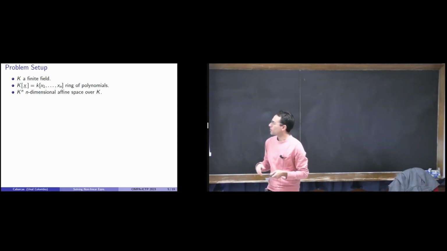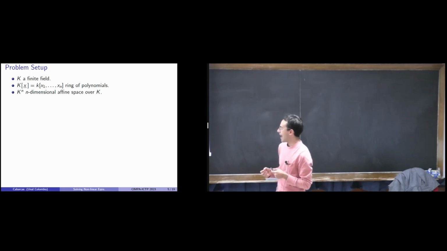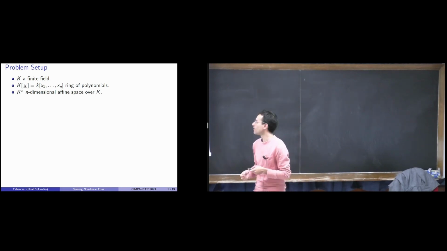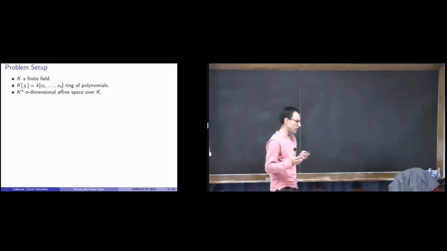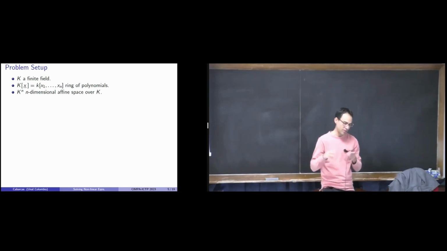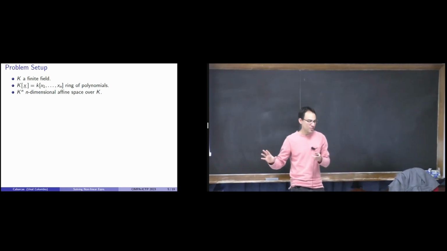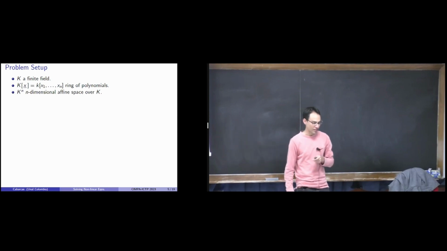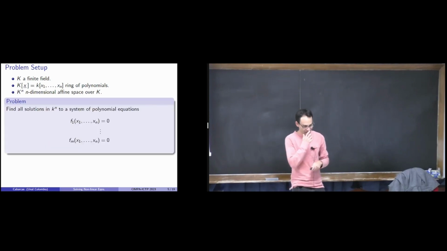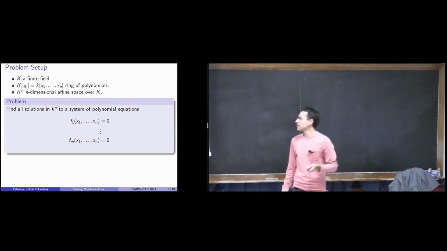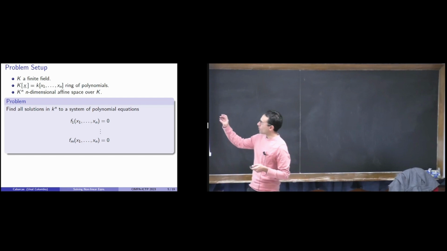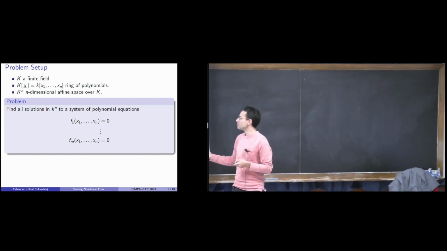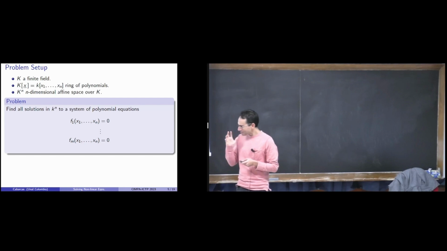Then we're going to be looking for solutions in the affine space over K. Sometimes it makes sense to do it over a projective space, but for the applications, usually what we want is just solutions in the affine space. And what we want is to find all solutions over K to the n to a system of polynomial equations f1 through fm equals 0. That's the problem.